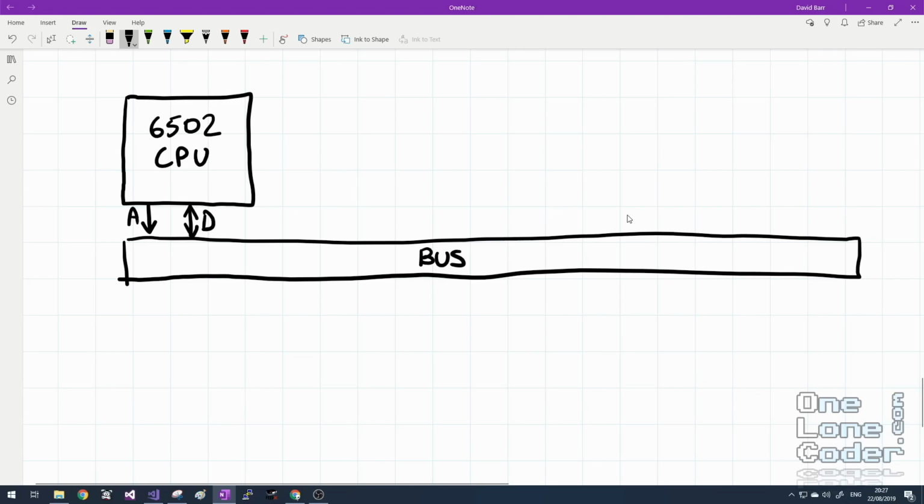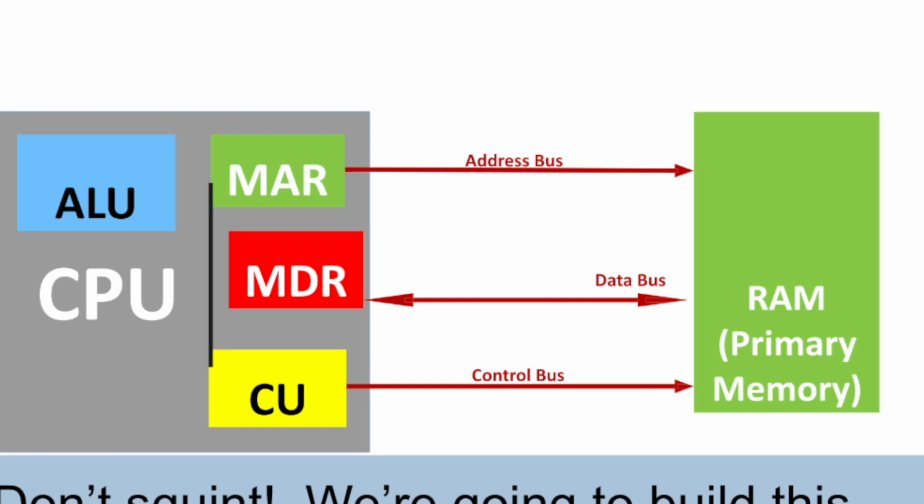This CPU, which is a 6502, you can see that it has two little paths to the bus. One of those, marked with an A, is only one direction. It's only going to put data onto the bus. And the other one, marked D, is two-directional. It can put data from the CPU onto the bus or from the bus onto the CPU.